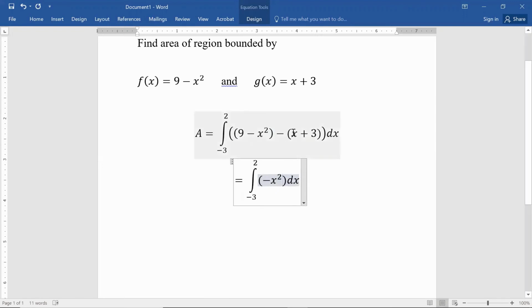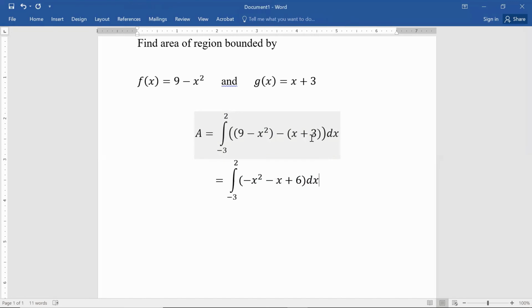We're going to have a minus x. We are also going to have a 9 minus 3, which is a +6. That means I want to integrate -x squared minus x plus 6 with respect to x from -3 to 2.